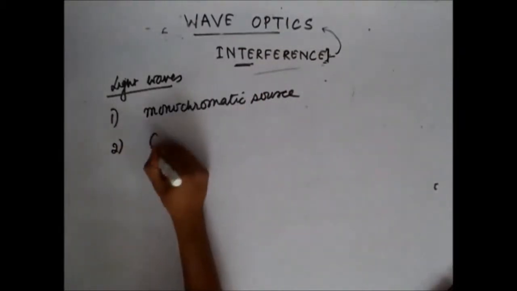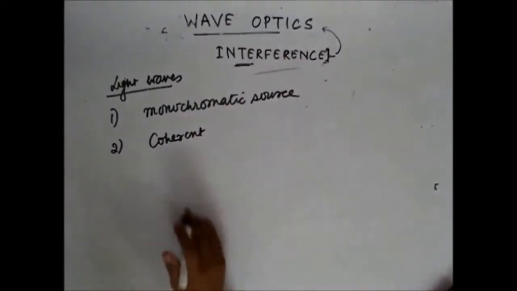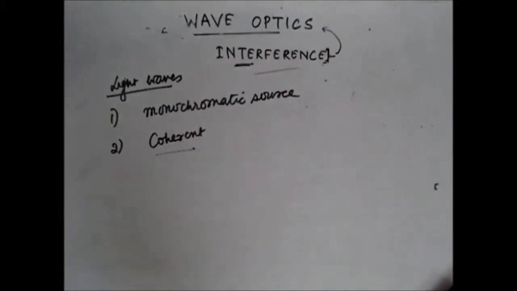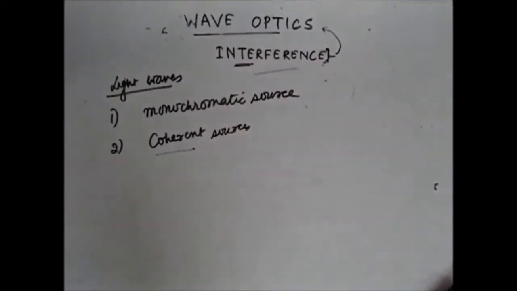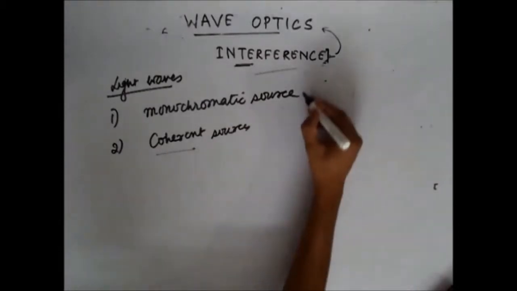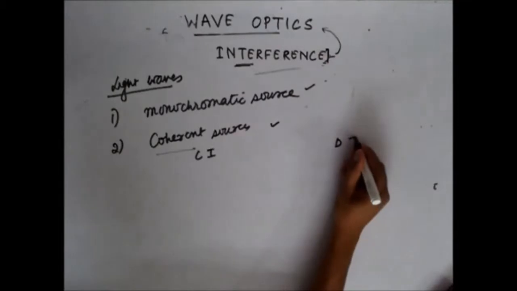Second, the two sources should be coherent, because we want a constant phase relationship between the two waves. Now when these two conditions are satisfied, we get constructive interference and destructive interference occurring.